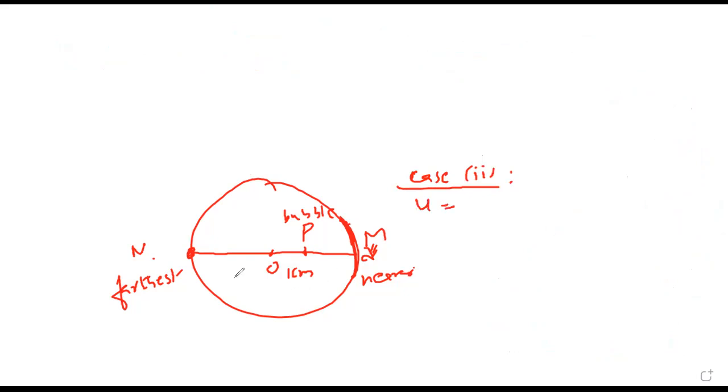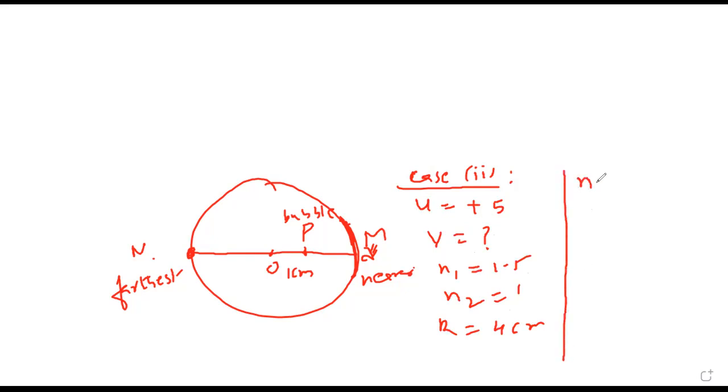U is 4 plus 1, 5, on the right hand side. Yes. V I don't know. N1 is again 1.5, N2 is air, 1. R is 4 centimeter because the center is on the right hand side now.